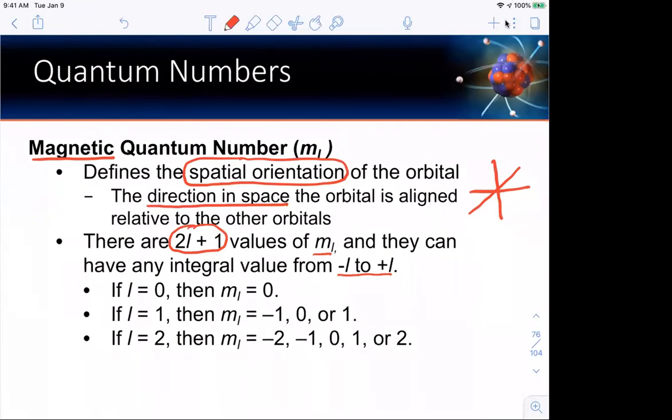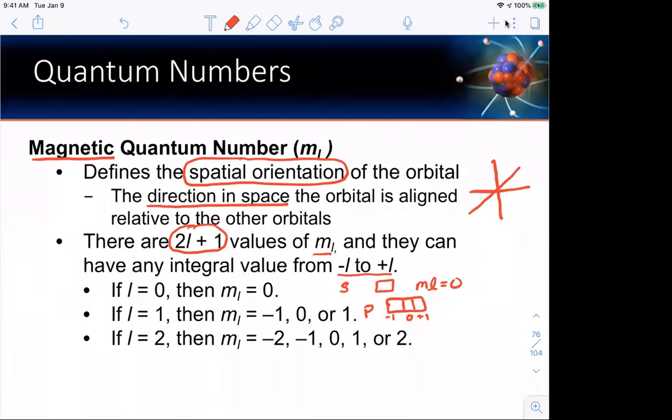If I have L equals 0, so this is going to be an s orbital, I only have one choice, and that's always going to be m sub L equals 0. If L equals 1, then I have 3 choices. I can have m sub L going from -1 to 0 to +1.